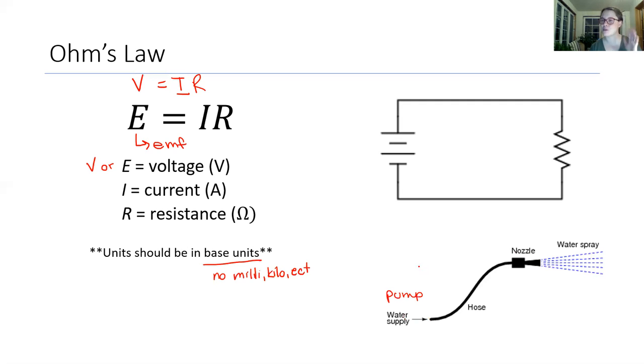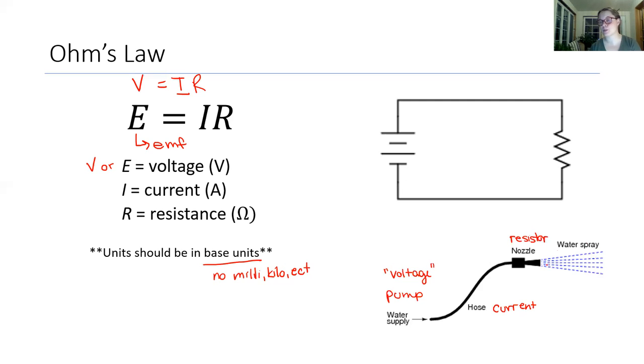Our pump provides the push for the current to occur. In electrical terms, this would be voltage, or our battery. It pushes current through the hose, and then the nozzle regulates the amount of flow, so it is like our resistor.